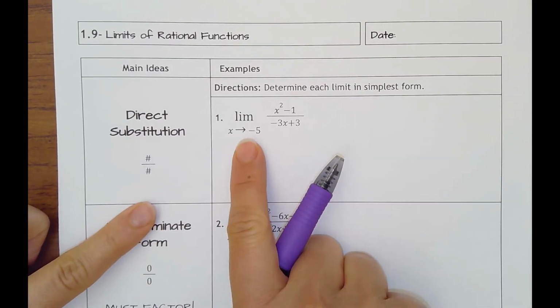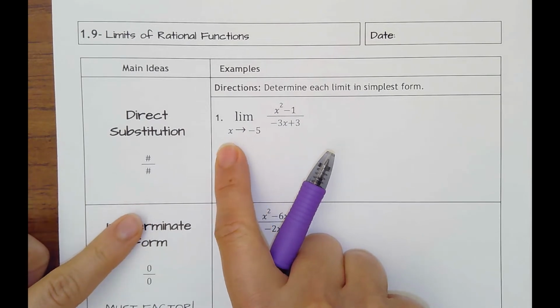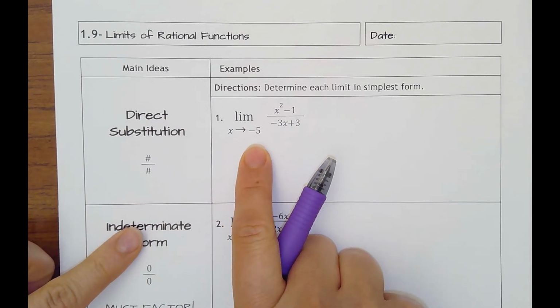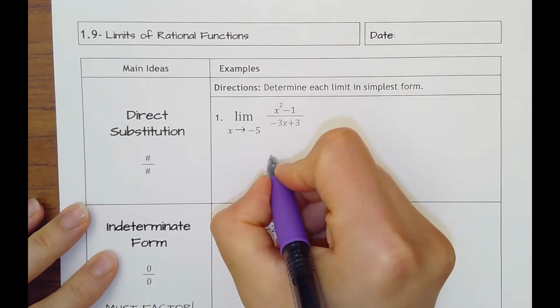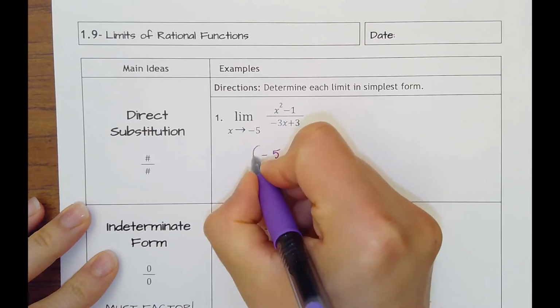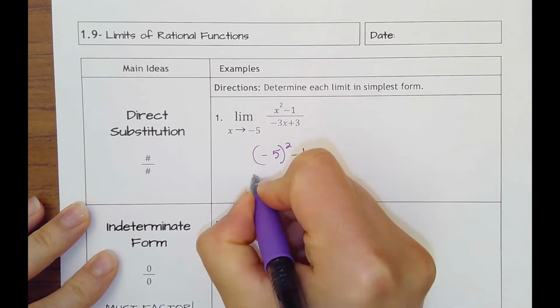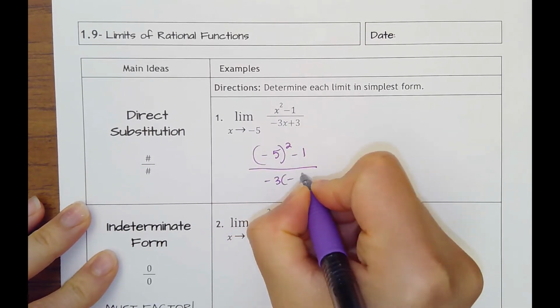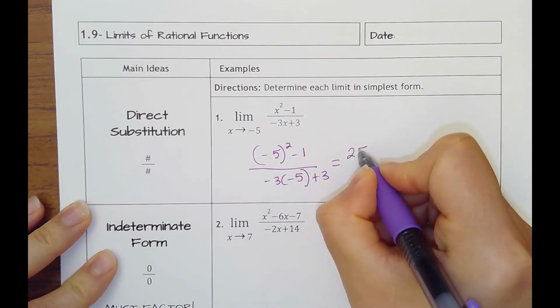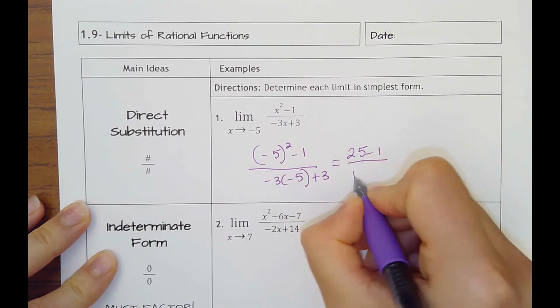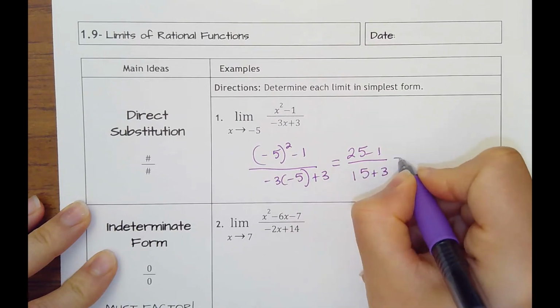That means that I'm going to find the limit as x approaches -5. I'm just going to plug in -5 and see what value is there. So let's try that. We would have -5 squared minus 1 over -3 times -5 plus 3, which is 25 minus 1 over 15 plus 3.